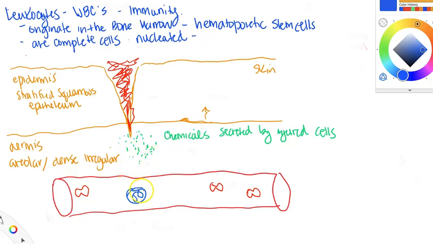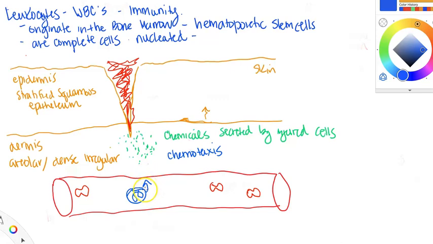And the ability for those white blood cells to make it to this area is called chemotaxis. So this is the ability of the injured tissue to attract the white blood cells.